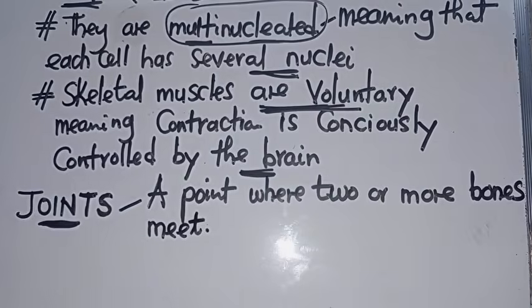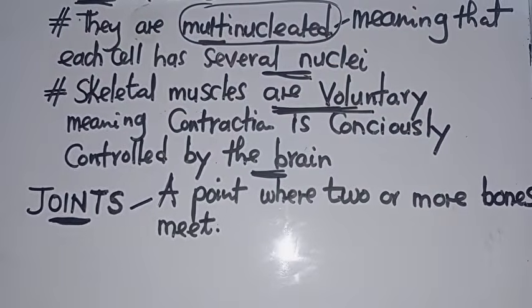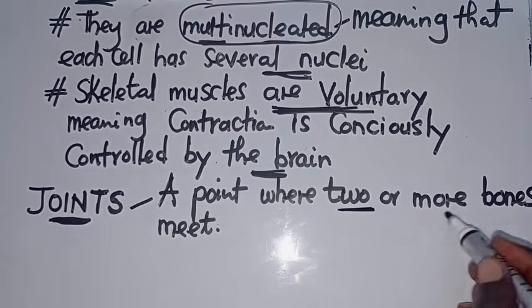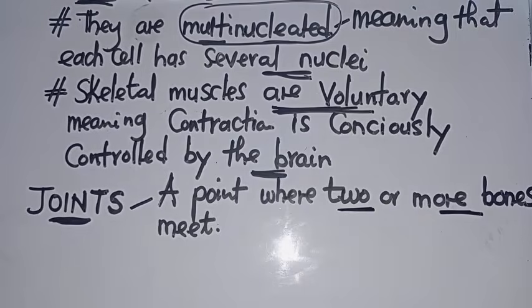That is called a joint. So when we are talking about a joint, you have to understand that a joint is a point where two or more bones get to meet.